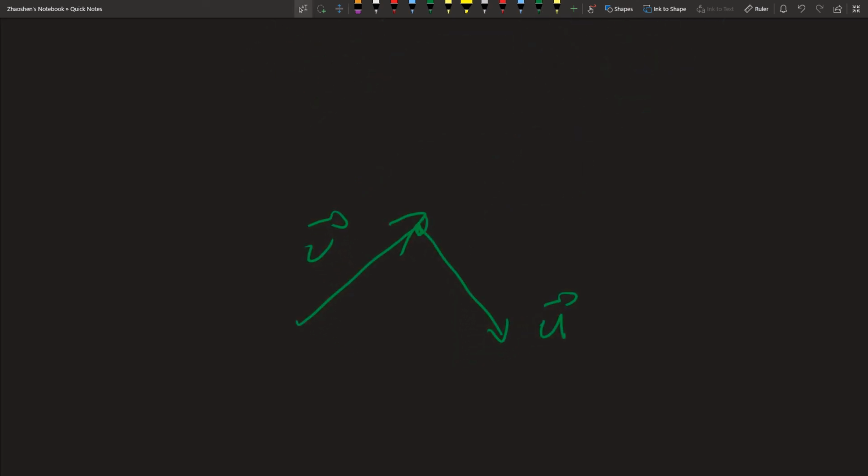So the sum of v and u, v plus u, let's name it w, is this vector over here, from the tail of v to the head of u. This is vector w. That's the sum of vector v and vector u.